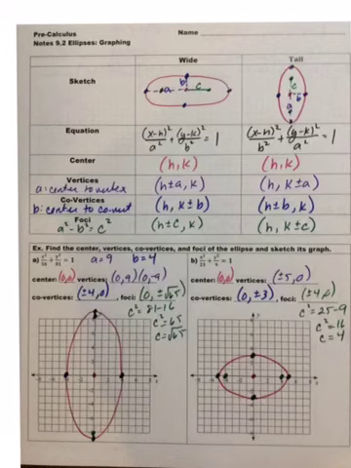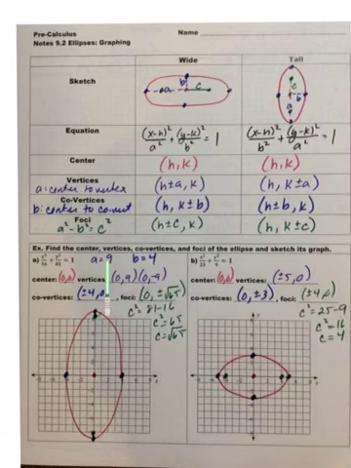All right, so for our example, x squared over 16 plus y squared over 81 equals 1. So a is always the larger number. And so this is a squared, so take the square root, a equals 9. This is b squared, take the square root, b equals 4. Since there were no h's and k's, our center is the point 0, 0.